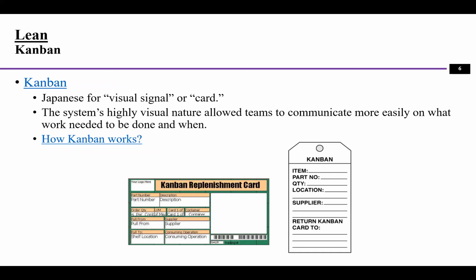And the Kanban is basically a concept to practice the pull system, how to do the pull system in production companies. Kanban means visual signal or visual card. How does it work?